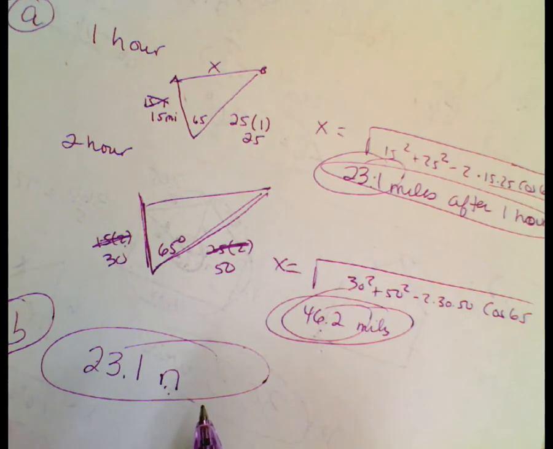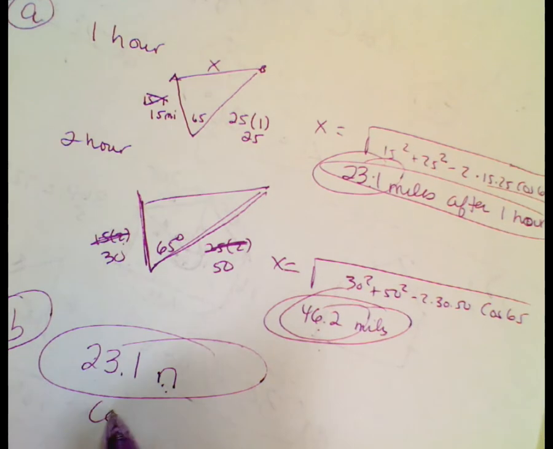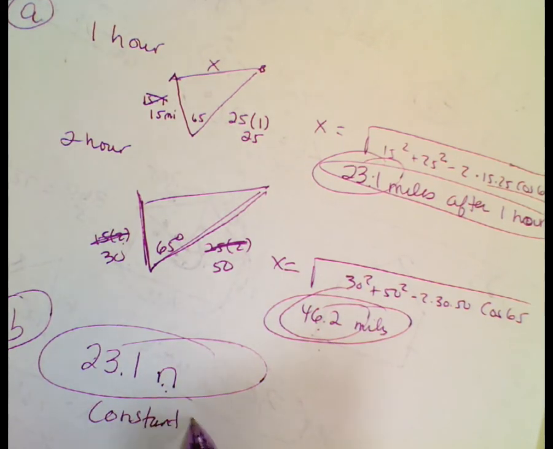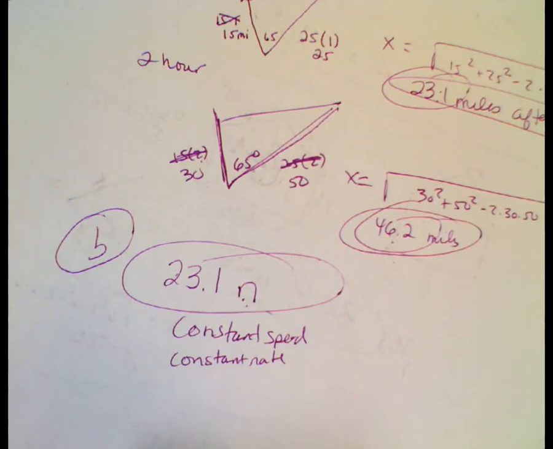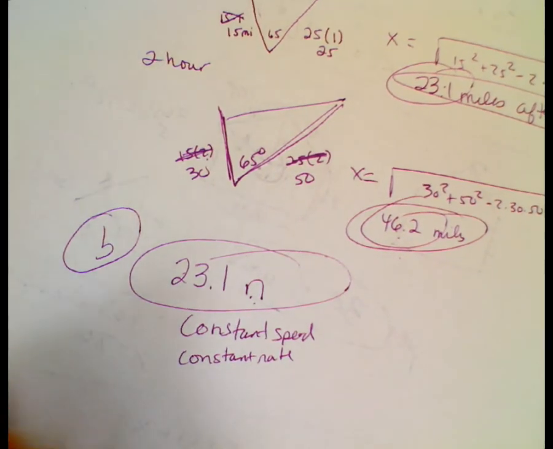Explain my reasoning. The boats are traveling at a constant speed. They're on cruise control, so the distance between the boats will change at a constant rate. Something like that, right?